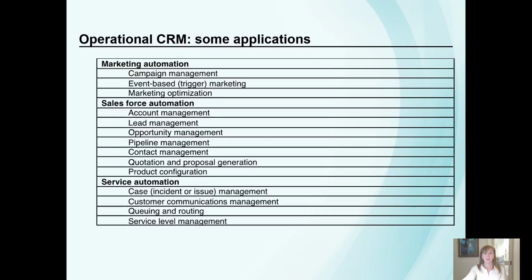So operational CRM, some applications for operational CRM are marketing automation, so campaign management, event-based trigger marketing, marketing optimization. You can see this when you're looking at how a company interfaces with you.